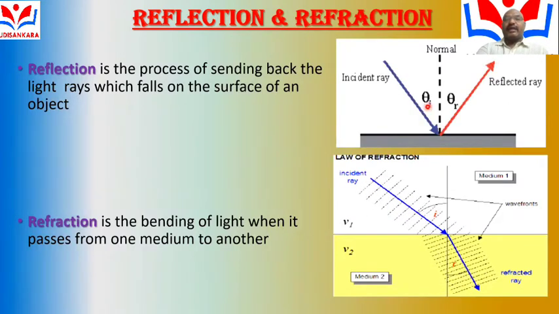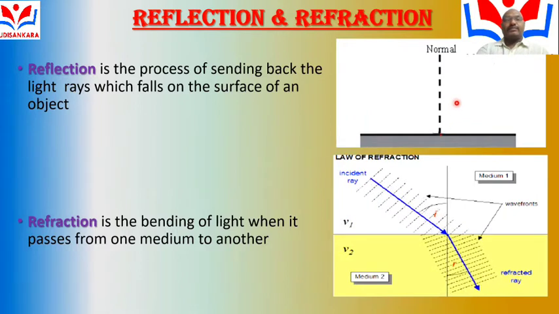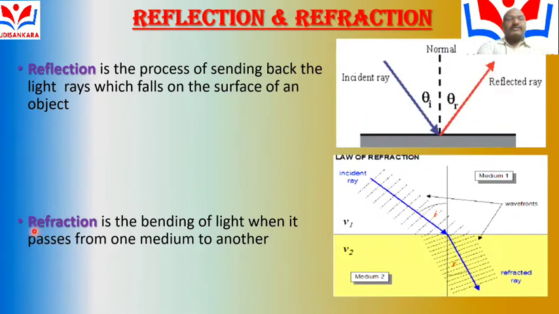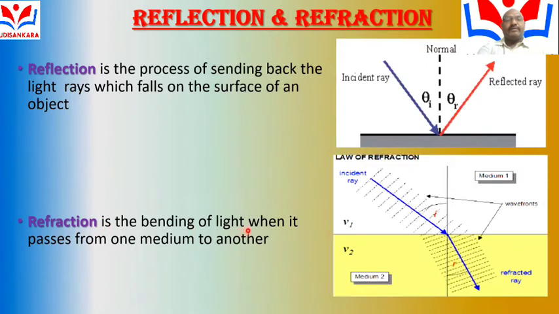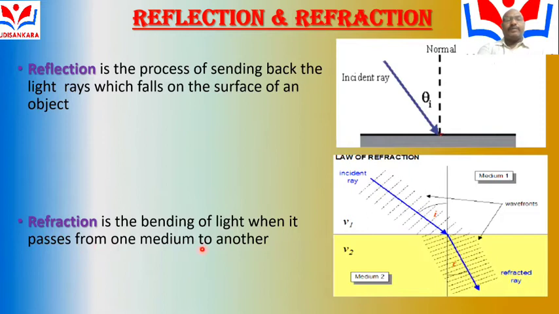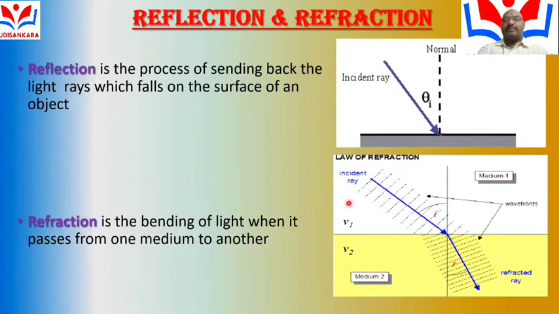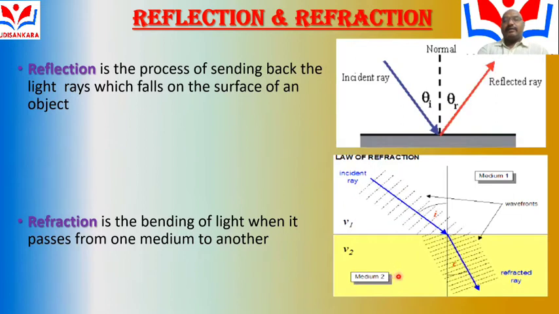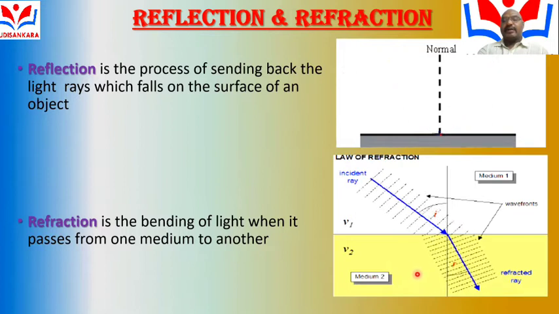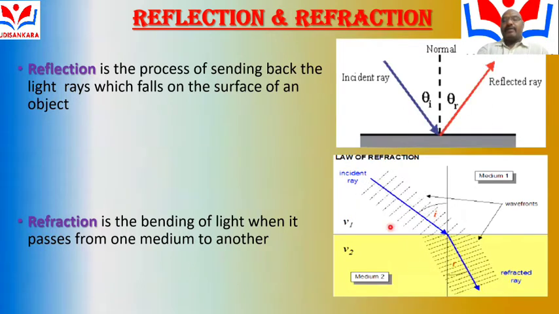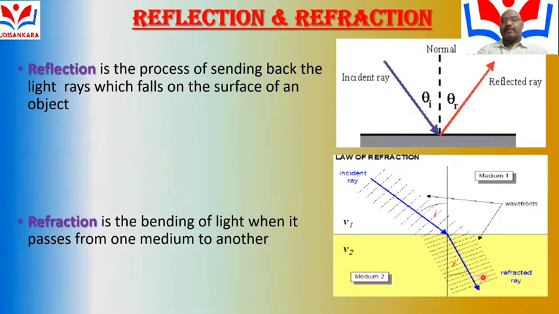Here theta I is the angle of incidence and theta R is the angle of reflection. The second one, refraction, is the bending of light when it passes from one medium to another. For example, the incident ray is in the air medium, and the refracted ray is in another medium, called a glass medium or water medium, when the light rays travel from a denser medium to a rarer medium.